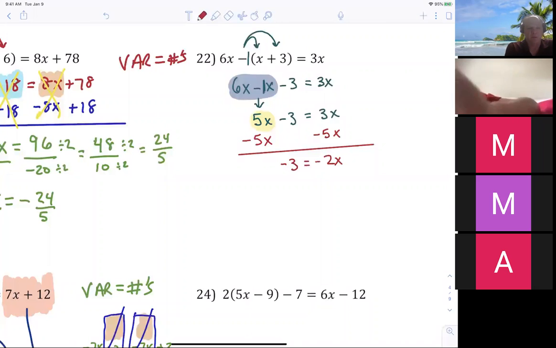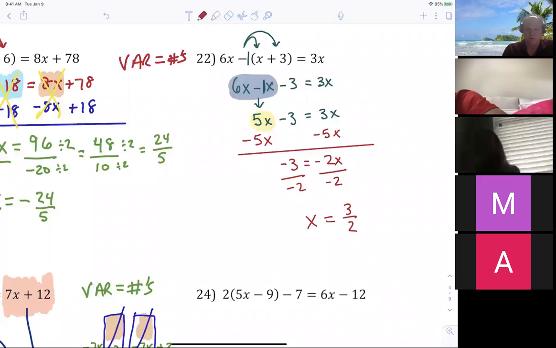I'm still isolating the variable, so I need to divide by -2, divide by -2. So x equals 3/2. Why do you have to divide by -2 and not -3?